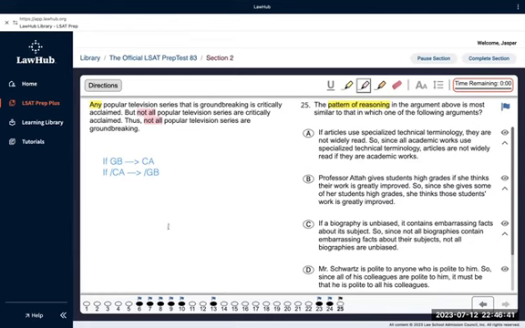Okay, so if not all popular television series are critically acclaimed, that means some popular television series are not critically acclaimed. We could also say that some TV series that are not critically acclaimed are popular. Right?